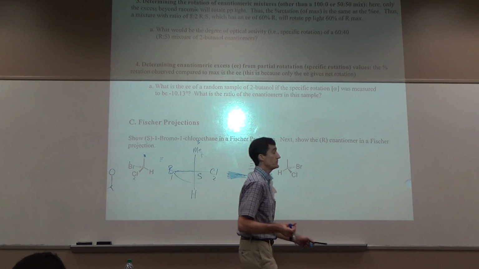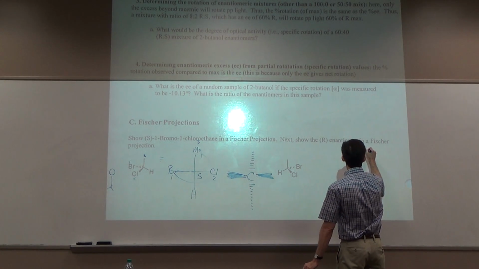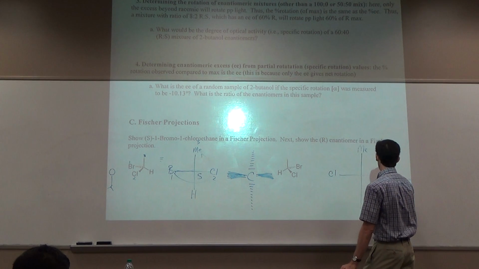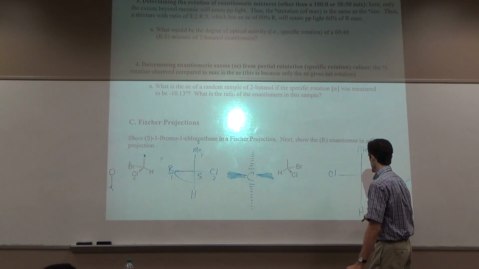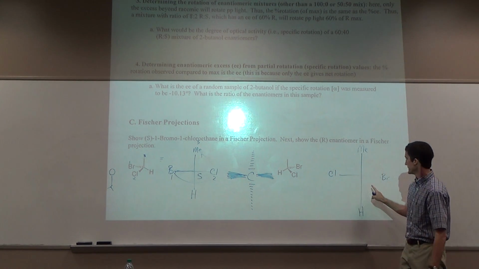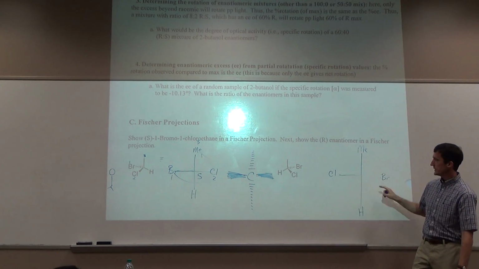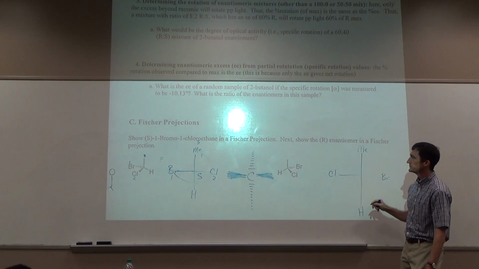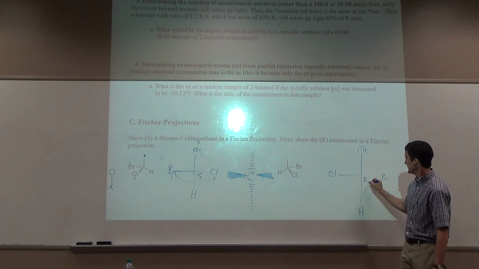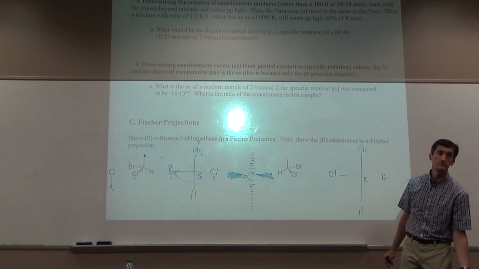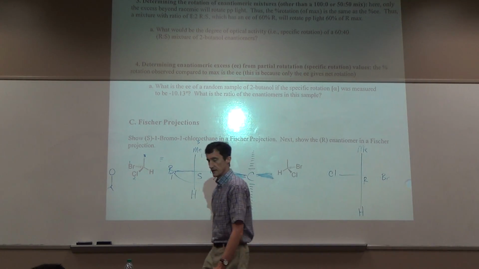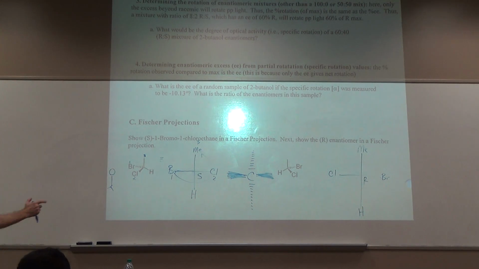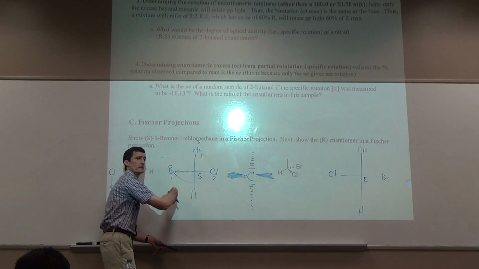Well, you can just say, hey, I know it's the mirror image, so I'm going to draw the Fisher. Are these two mirroring each other? Yeah. If they are, then the configuration is R. That's a little bit cheating though, because we just relied on what we did over here.